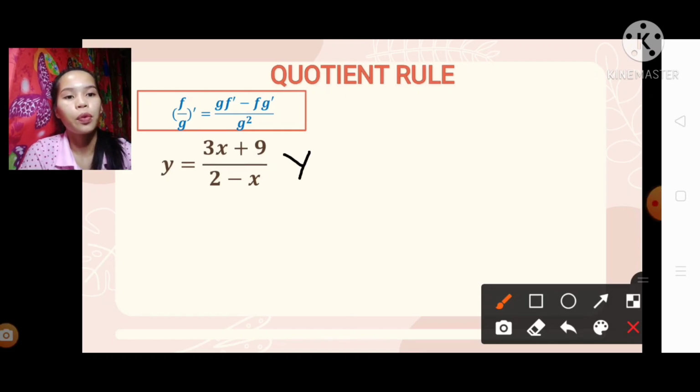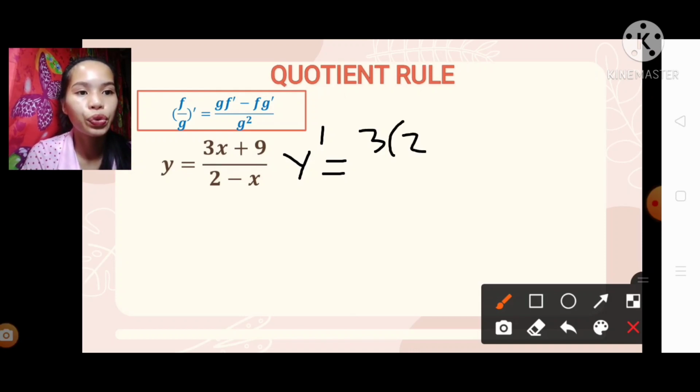So we put y prime is equal to the derivative of 3x plus 9, which is simply 3. Then our g is 2 minus x, so let's put 2 minus x here.